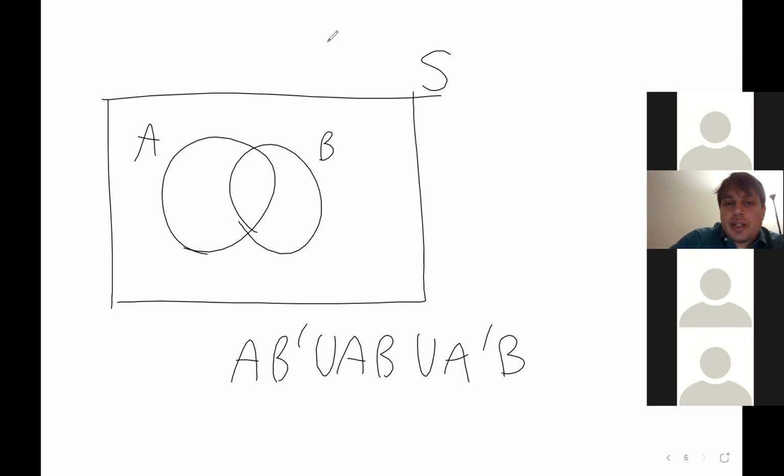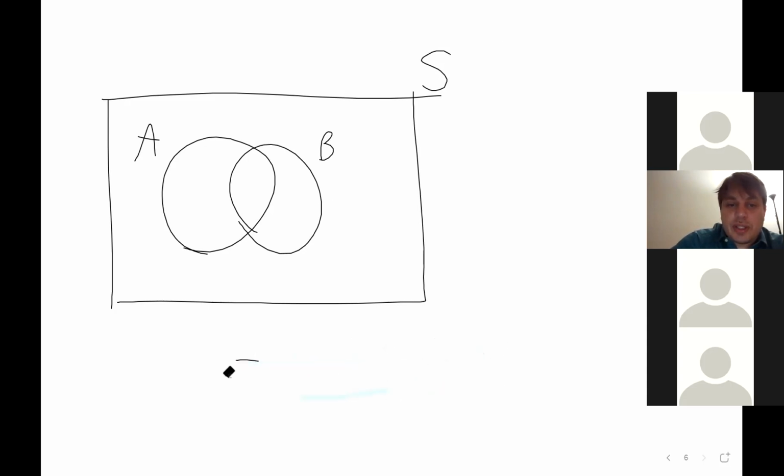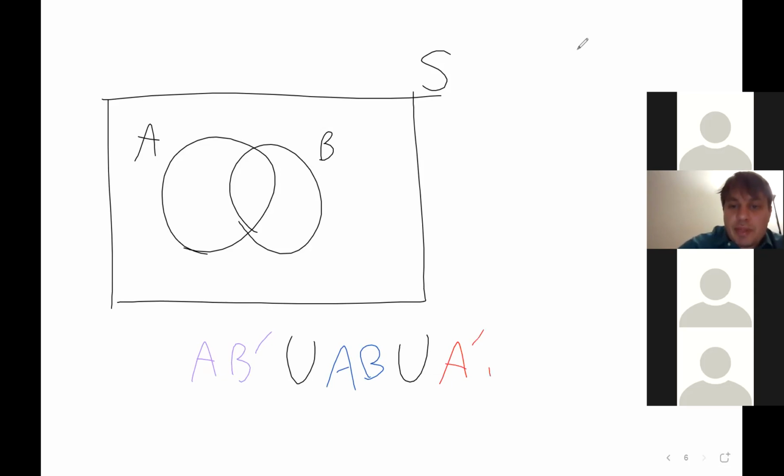Okay, actually I'm going to use colors here. So let's go with AB prime union AB union A prime B. Okay, so we have this union of three sets. And so we're going to see what this is.